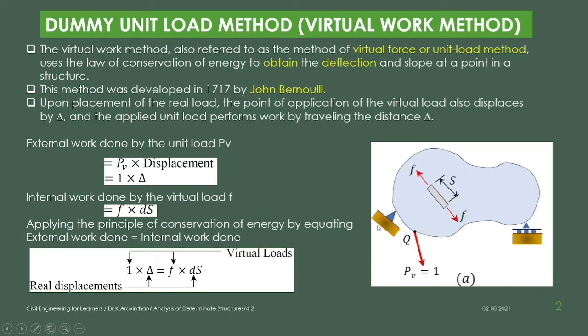Hence, this assemblage is known as a determinate structure. Let us apply a load, that is a unit load. It is indicated at the point Q and the load is known as PV, which is 1 kilonewton. So this is the external force which is applied.